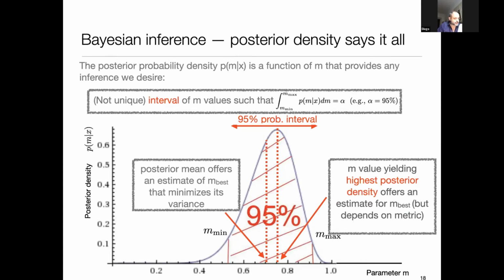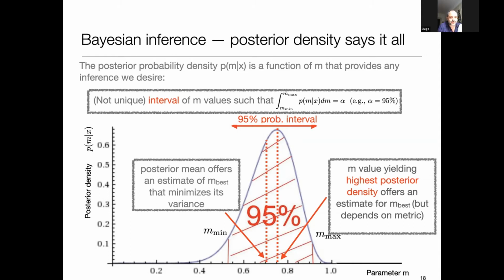In the vertical axis, you have P of parameter given data, so that's the posterior, and on the horizontal axis, you have the parameter. So you are assigning a posterior probability to any value of the unknown parameter you're trying to infer.